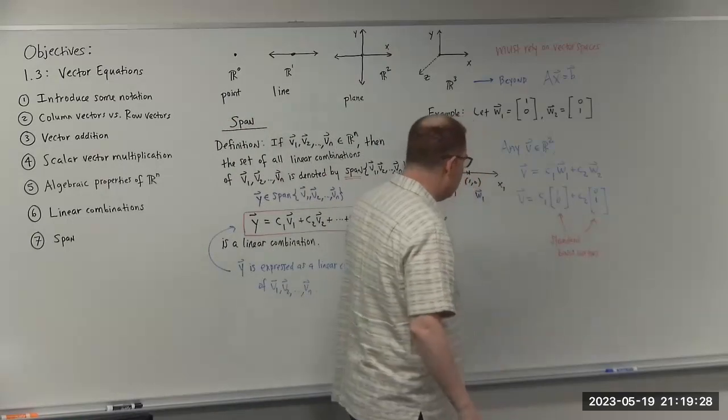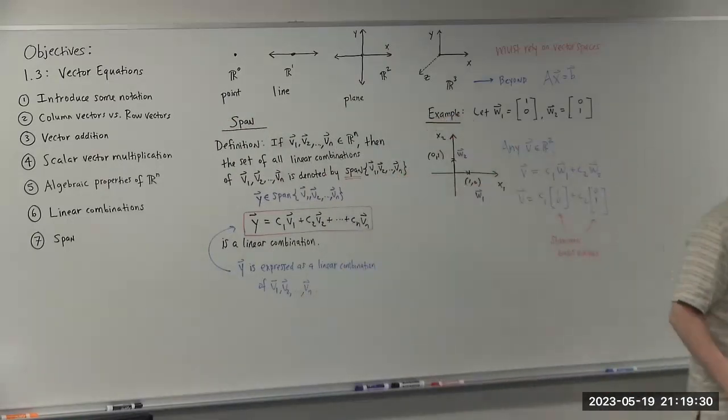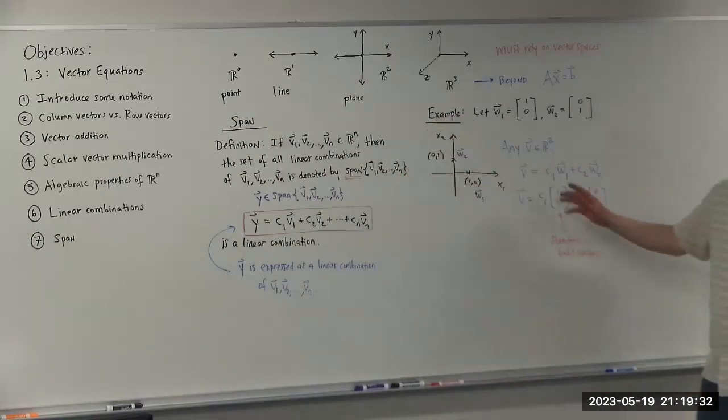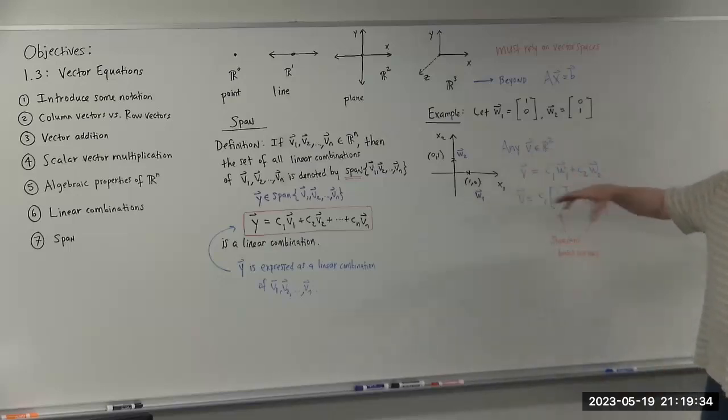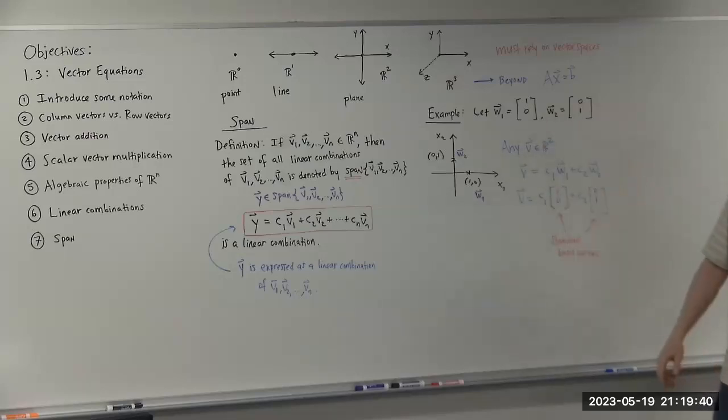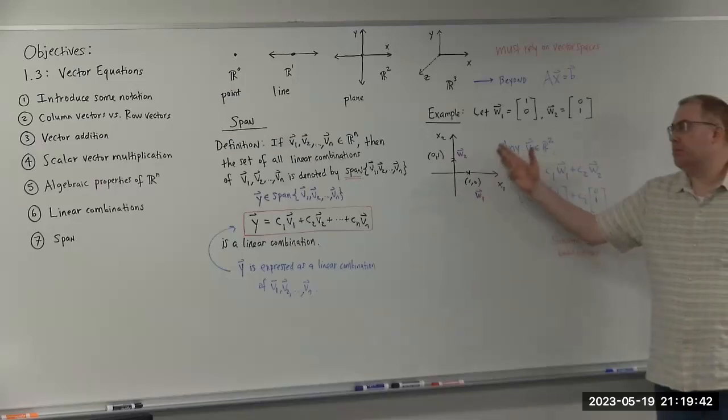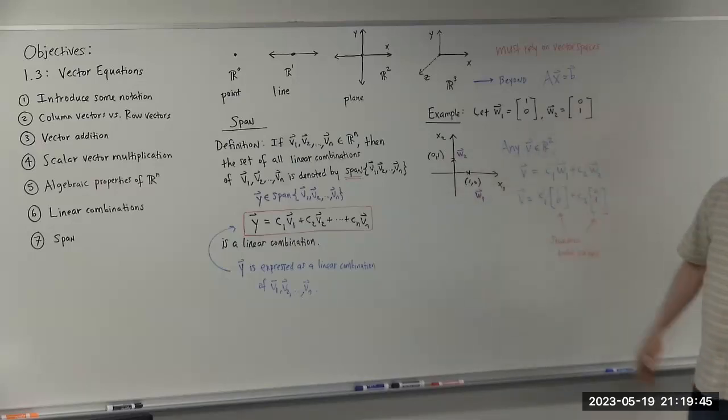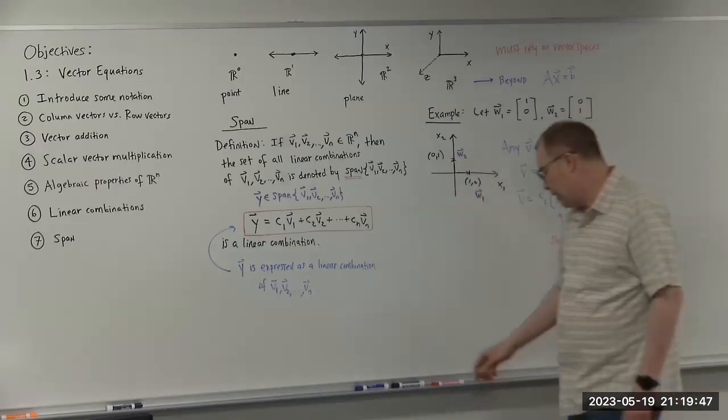So the bottom line here is that any vector you choose can be represented in terms of these vectors. Therefore, what we say is that W1 and W2 span R2.